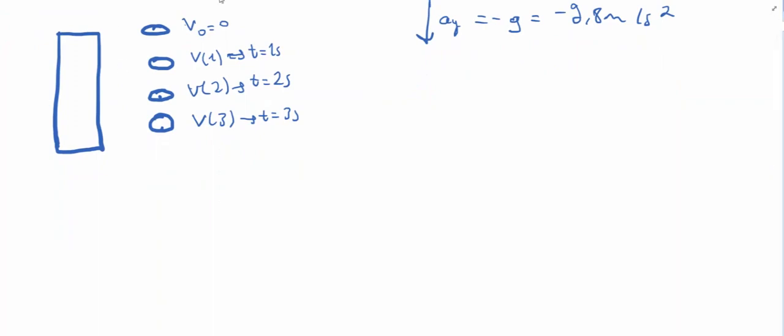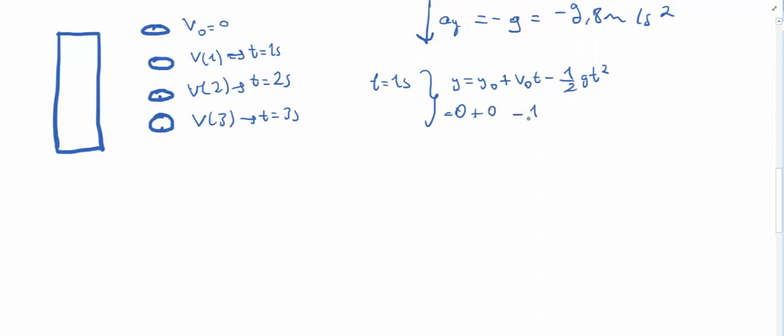How will it be for our position equations? For t equals 1 second, y equals y0 plus v0t minus 1 over 2 gt squared, and that would equal 0 plus 0 minus 1 over 2 times 9.8 times t squared, and that would equal minus 4.9 meters.